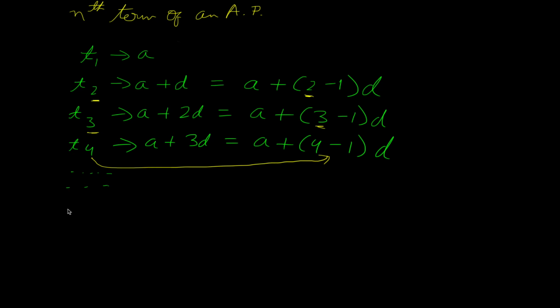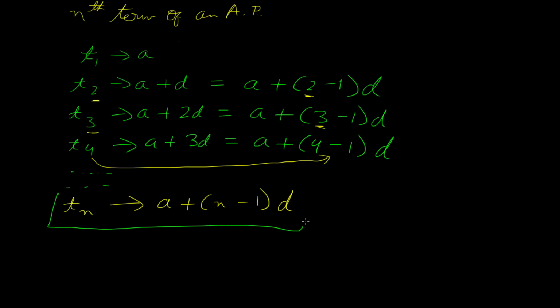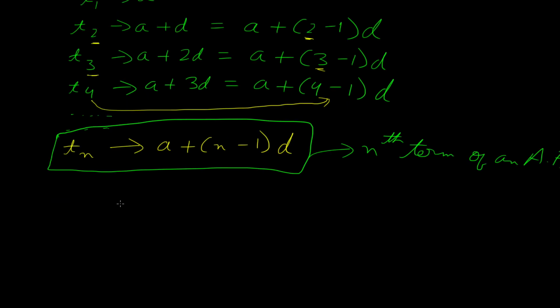Therefore, if we continue doing this, then the nth term will be Tn is equal to a plus (n minus 1) times d. So this expression that we have here is called the nth term of an AP. Let's say there are m terms in an AP.